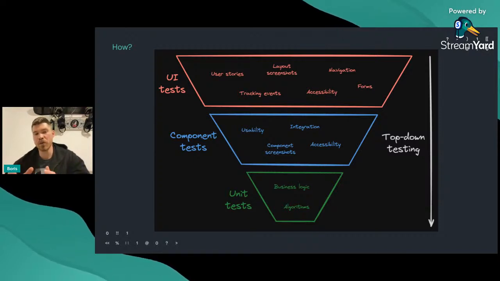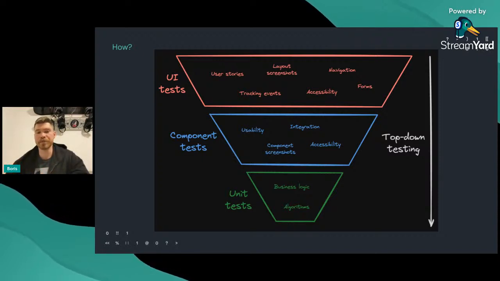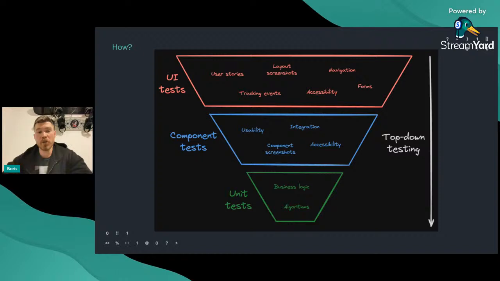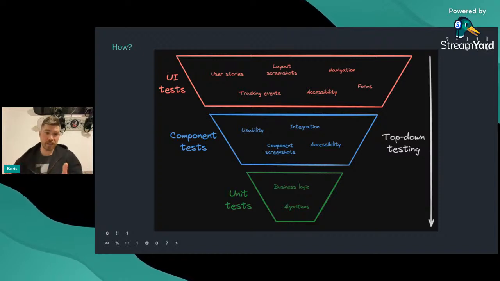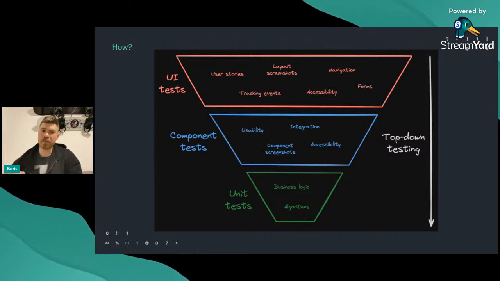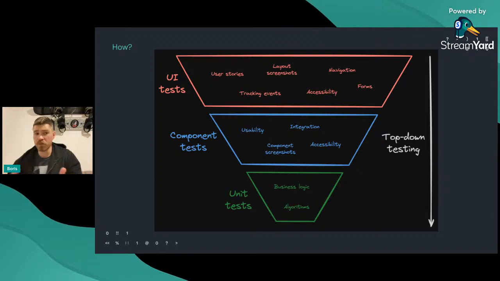Now it's also interactions with the API of the component. We want to check how components look and whether they're accessible as well. Lastly, the most granular tests, unit tests, are for checking any potential edge cases in our business logic and check that our algorithms do what they're supposed to be doing.